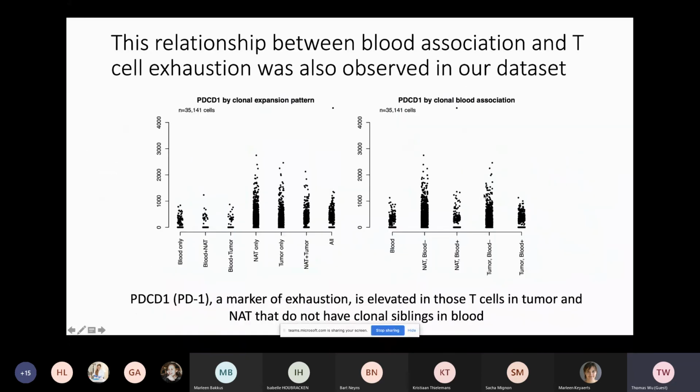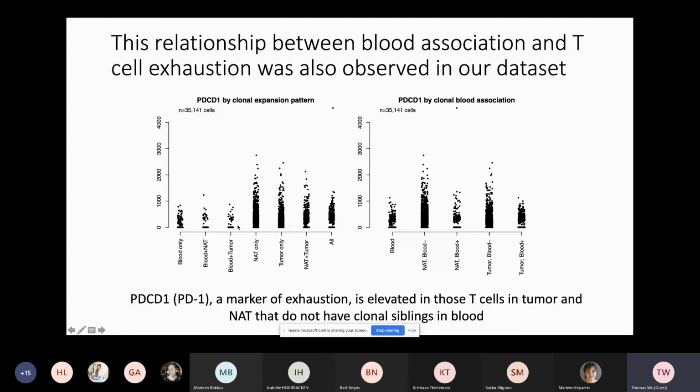We also saw this pattern in our data. This is not from the Nature paper, but this is our subsequent analysis. If you look at the expression of PD1 on the y-axis, and you look at the expression of these cells, the expression is highest, and I'm using PD1 because it's a good marker of exhaustion, it's much higher in the clones that were found in the NAT and tumor, or NAT and tumor both, and did not have a parent presence in the blood.